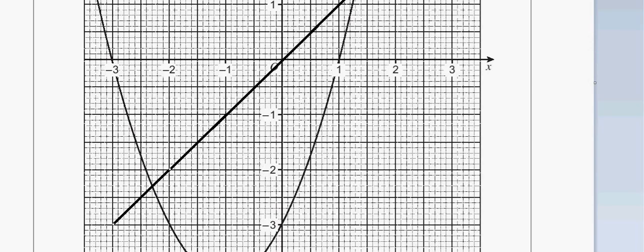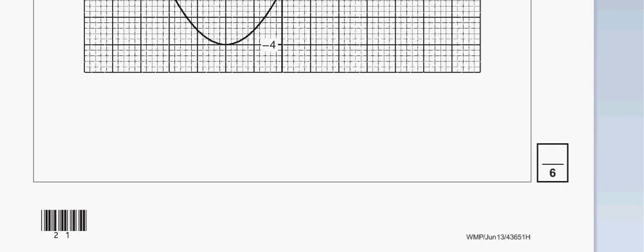Here I can see that the line crosses, so this is 2.1, 2.2, 2.3, so that seems to be here, so that's minus 2.3.